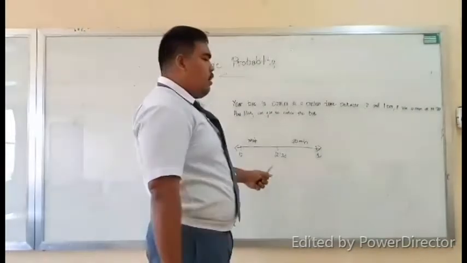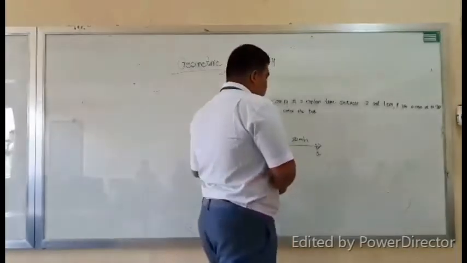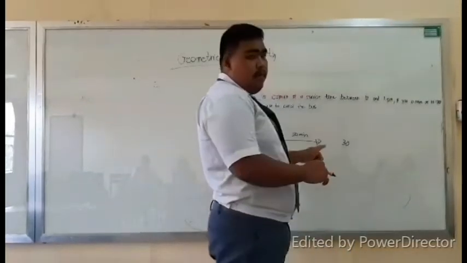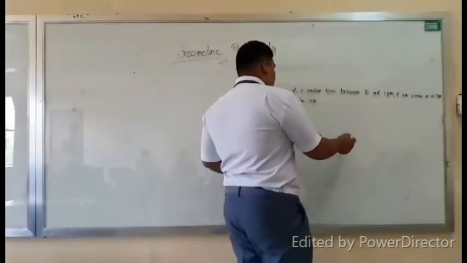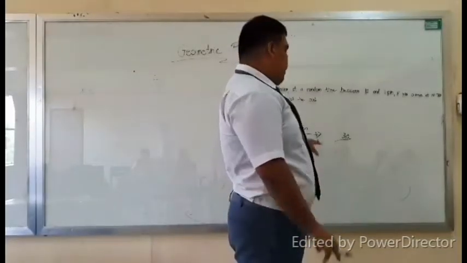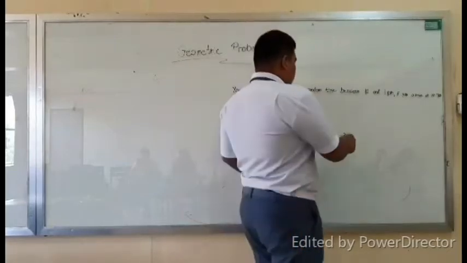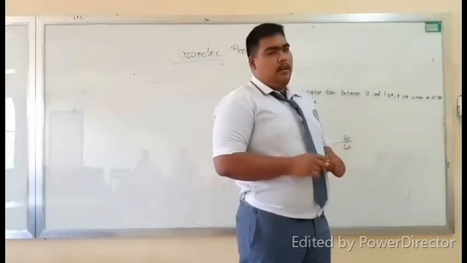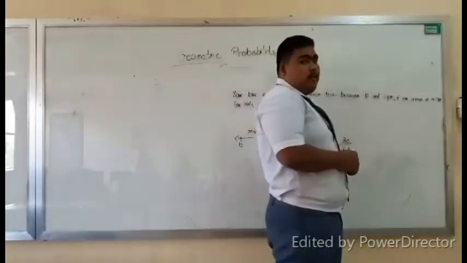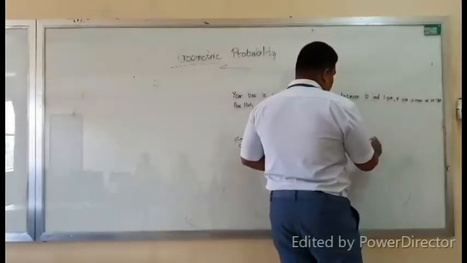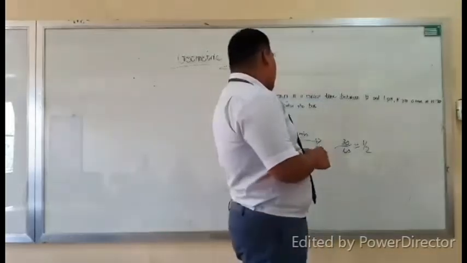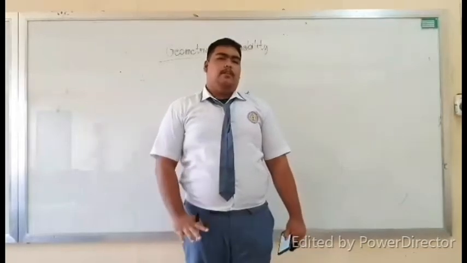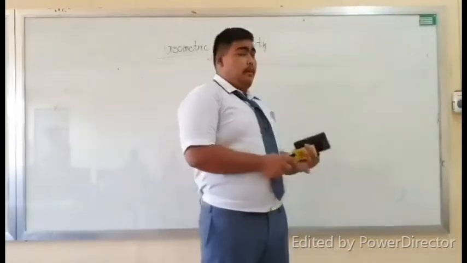Your desired outcome is 30 minutes, over the total number of outcomes, 60 minutes. In 60 minutes, you only have 30 minutes to catch your bus, so it would be 1/2. You are exactly 50% likely to catch the bus. The previous example is a one-dimensional geometric probability problem.